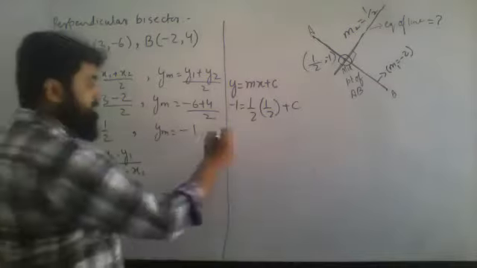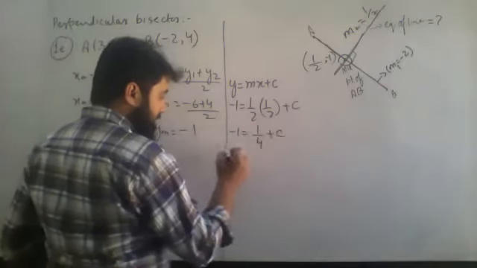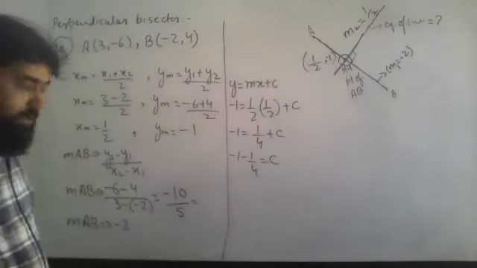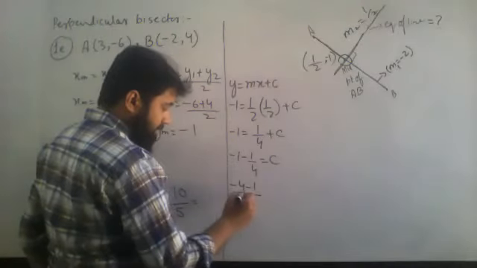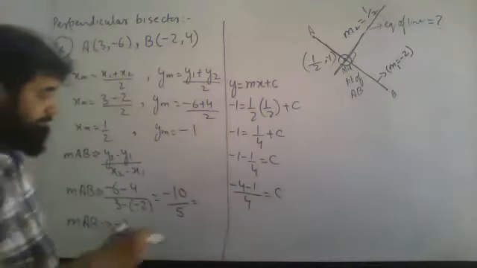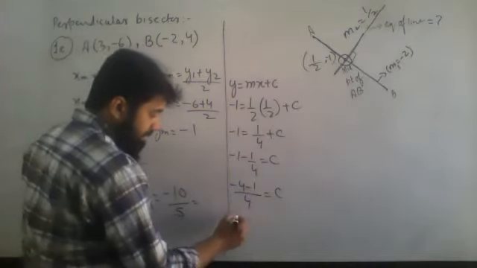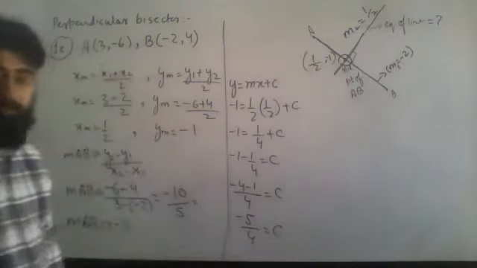So minus 1 equals 1 over 4 plus c. Minus 1 minus 1 over 4 equals c. Simplifying it, minus 4 minus 1 over 4 equals c. I have taken the LCM over here. So minus 4 and minus 1 will become minus 5 over 4 equals c.